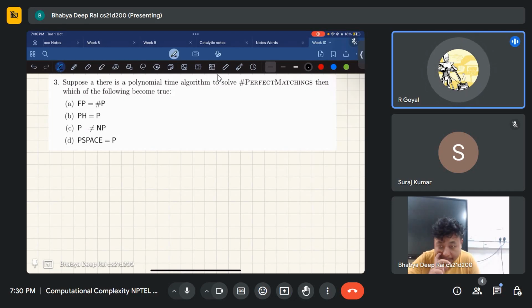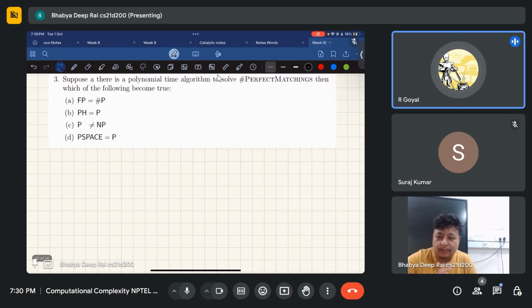And the third option is that P is not equal to NP would become a certainty, because NP at the most would be viewed as a subset of Sharp-P. And since Sharp-P can now be solved in polynomial time, but then Sharp-P means the non-deterministic thing only. But we do have a polynomial time algorithm for perfect matching.